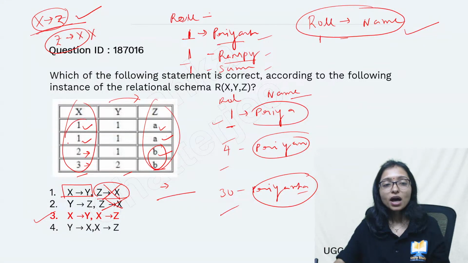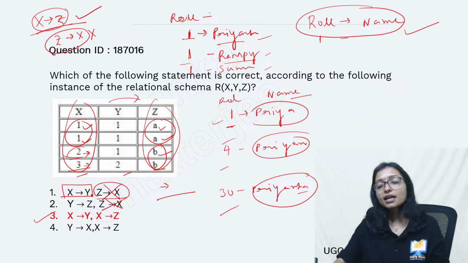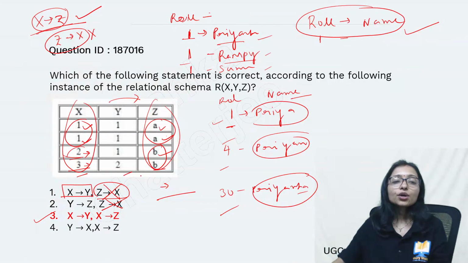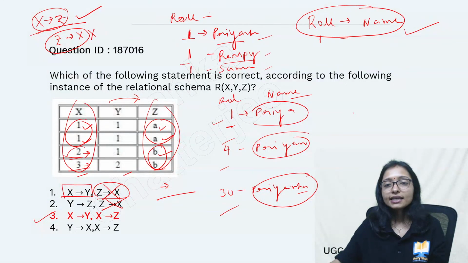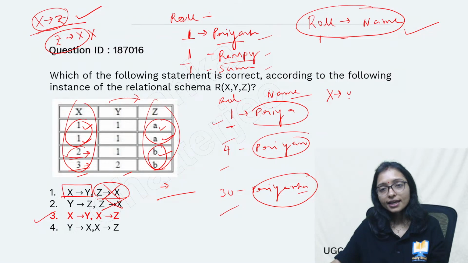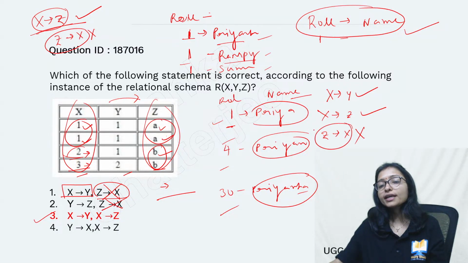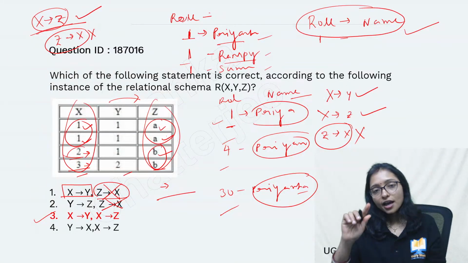As you can see, 1, 1 here are the same values. 2, 3, no problem, these are different values. I hope it is clear that X implies Y is holding. So X implies Y holds and X implies Z also holds, but Z implies X is not holding. This is the reason.